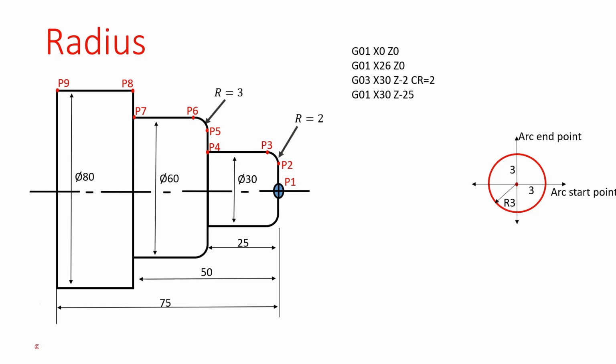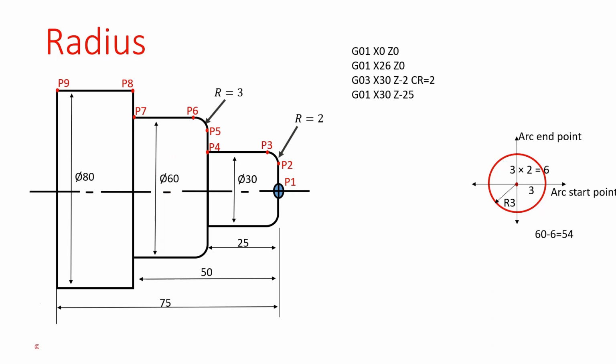That's why that radial value is converted diametrically. 3 into 2 equals 6. With this 6, we can calculate the arc starting diameter value. The arc ending x value is 60. 60 minus 6 equals 54. It is the arc starting diameter x value.